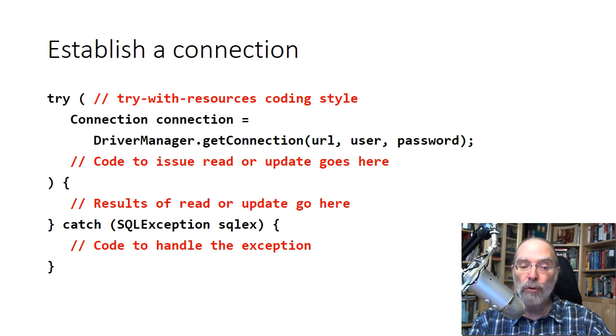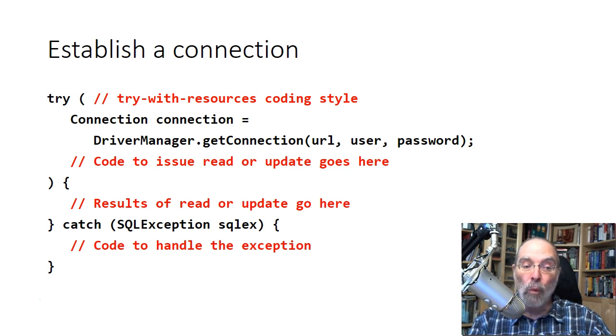With a try with resources, code within the parentheses. So in this case, we're looking at the class connection, must be implementing something called the closable interface.